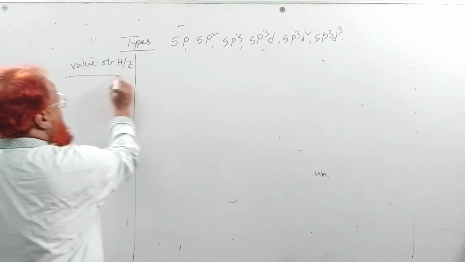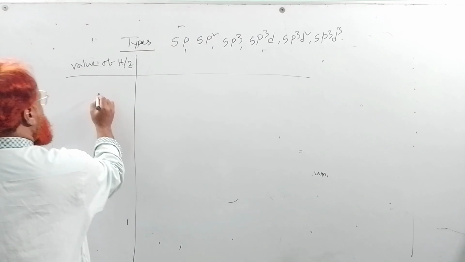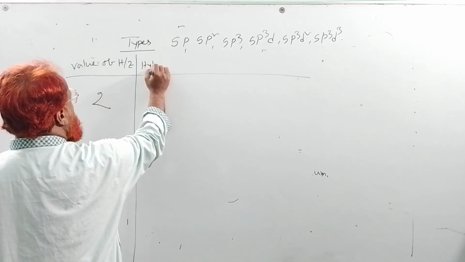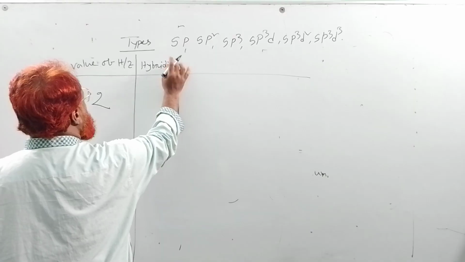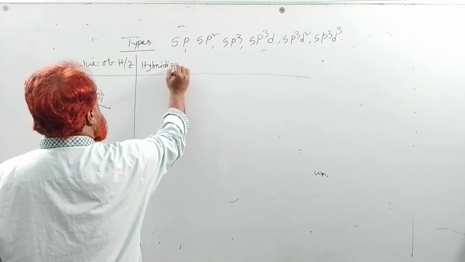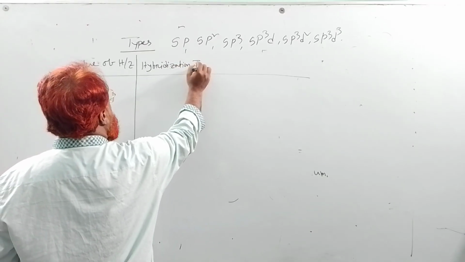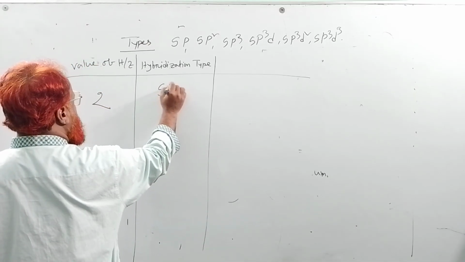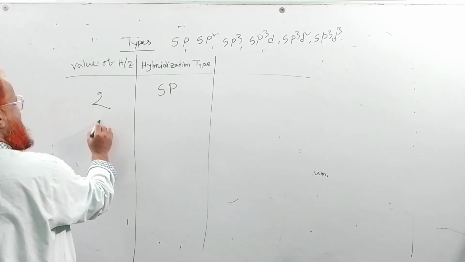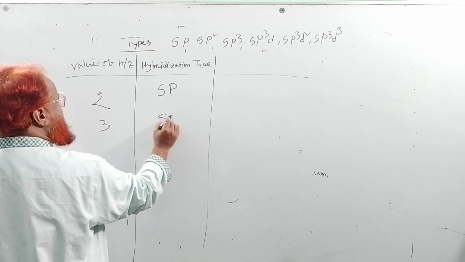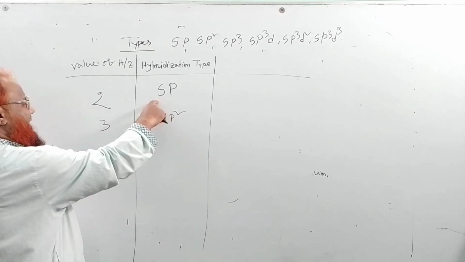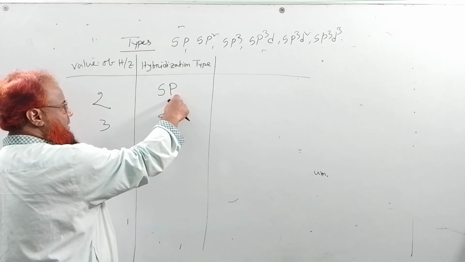So, if the value of H is 2, then hybridization type will be sp. If it is 3, sp2. Look at here, 1s and 1p.